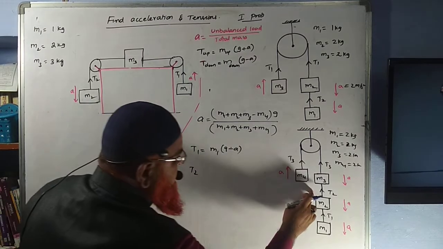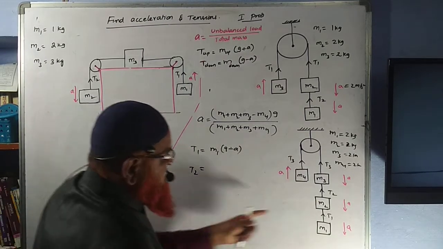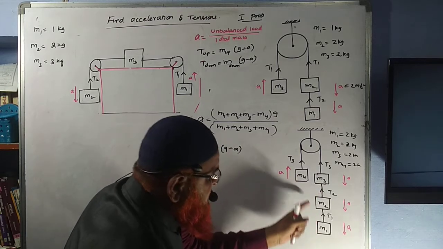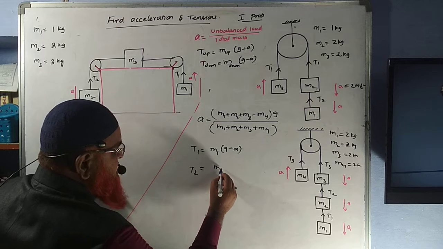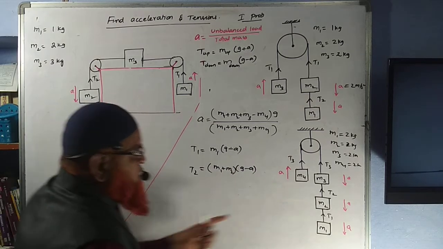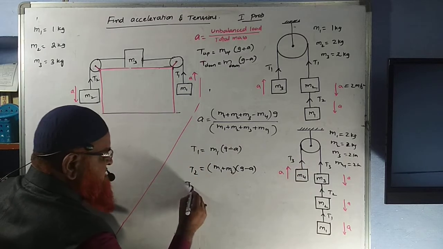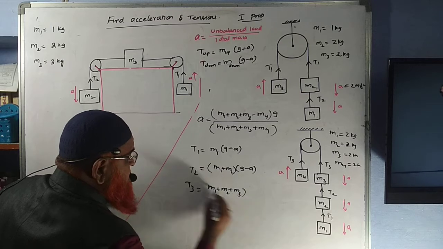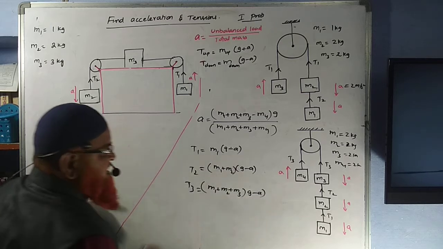Then what is tension T2? Tension T2 is nothing but, as these two bodies are hanging from this tension T2, you have to take the sum of these two. Therefore you consider m1 plus m2 into g minus a. You can find out tension T3 also. That is m1 plus m2 plus m3 into g minus a.